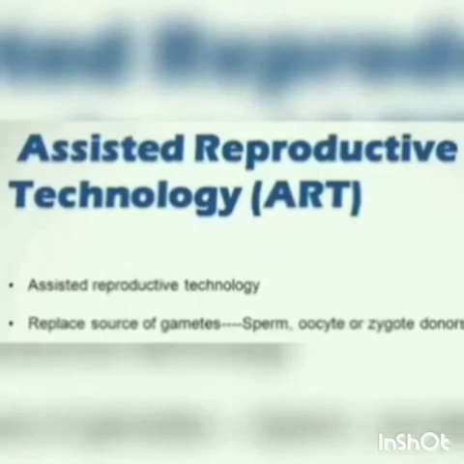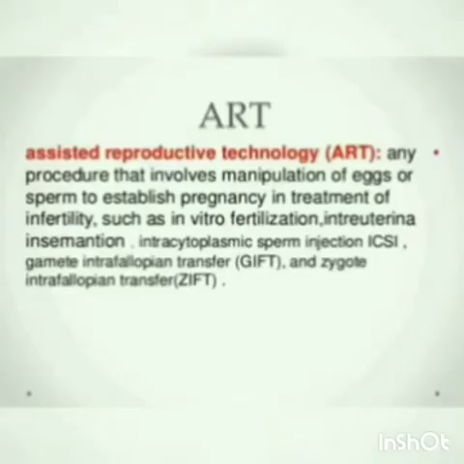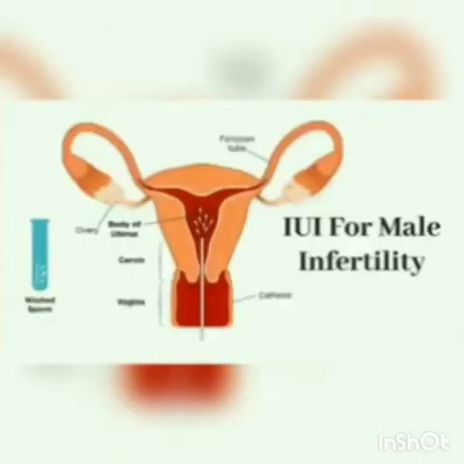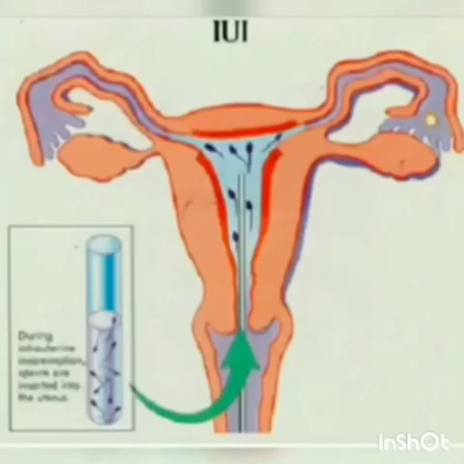ART is a collection of procedures which include the handling of gametes or embryos outside the body to achieve a pregnancy. This is intrauterine insemination. This procedure is used to treat infertile men with low sperm count. The semen is collected. What is semen?